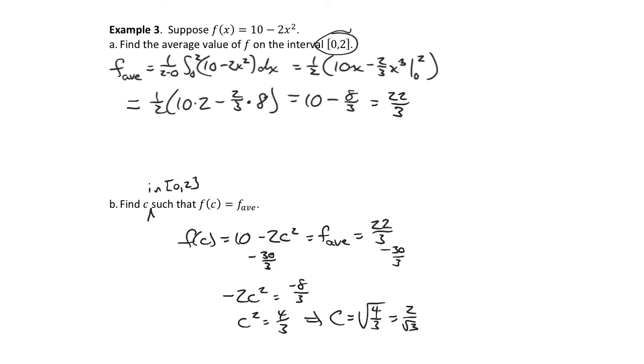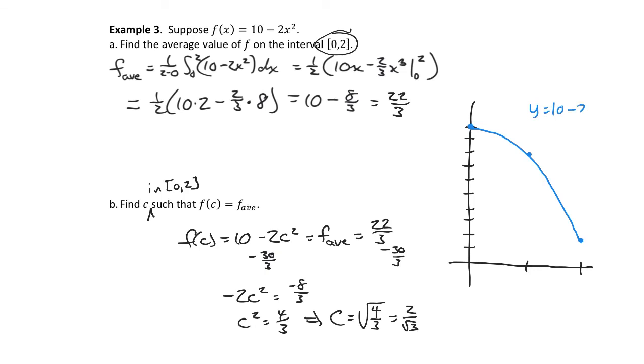Let's look at the graphical consequences of this particular result. First, we have the graph of y equals 10 minus 2x squared. Next, we're going to add to this the graph of y equals 22 thirds. Well, 22 thirds is a little bit bigger than 21 thirds. 21 thirds is 7. So here is 22 thirds approximately.